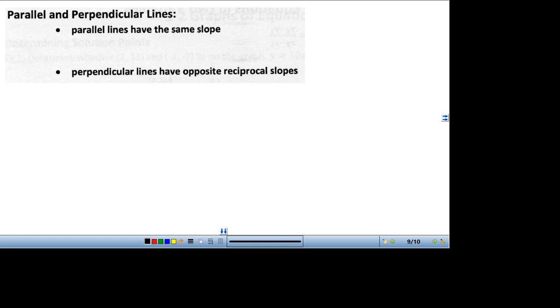Next problem. And before we get to problems, parallel lines have the same slope, and perpendicular lines have opposite reciprocal slopes. So this is what I'm saying.